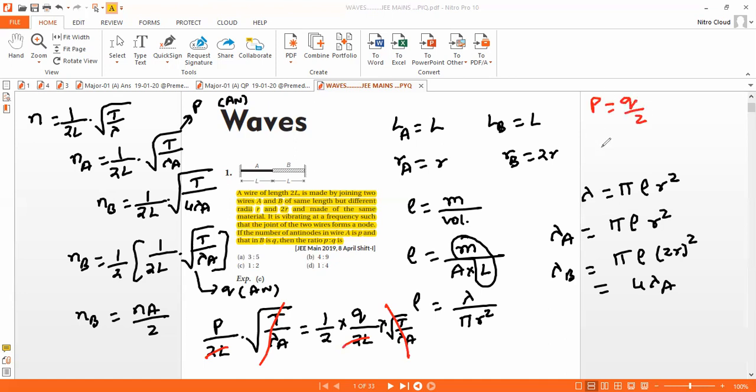So P by Q equals 1 by 2. For P antinodes we have P by 2L, and for Q antinodes it is Q by 2L into under root T by 4 times lambda A.